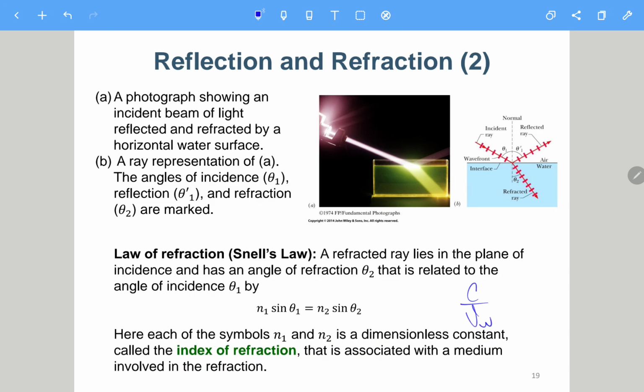The index of refraction of the water is defined like this: c over Vw is Nw.